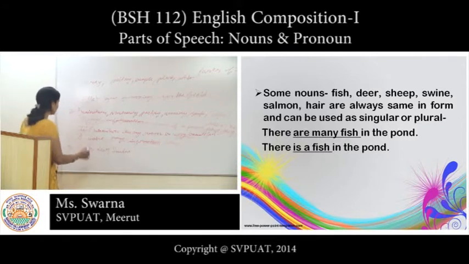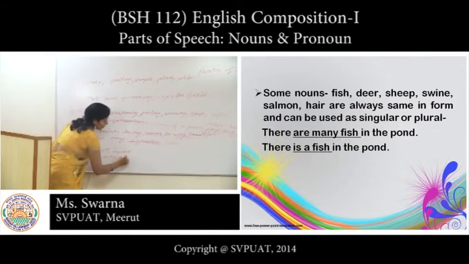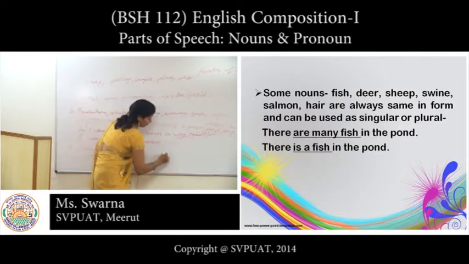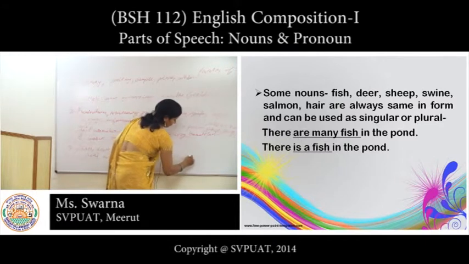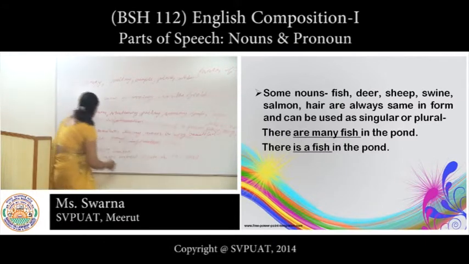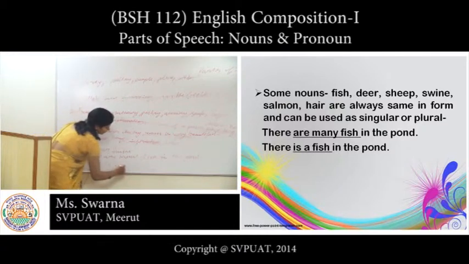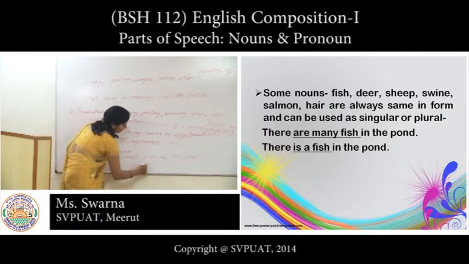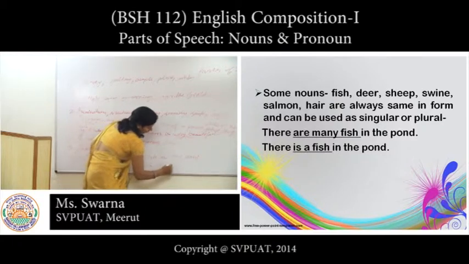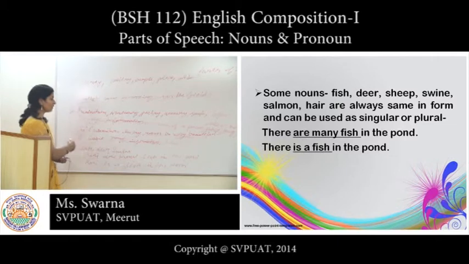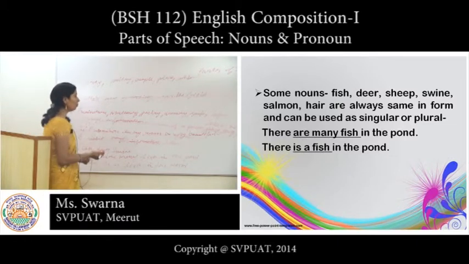Like, there are many fish in the pond, and there is a fish in the pond. So we can use these words in both ways, singular as well as plural.